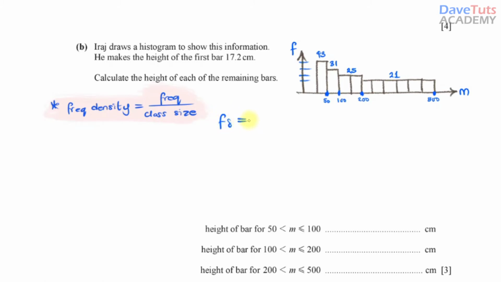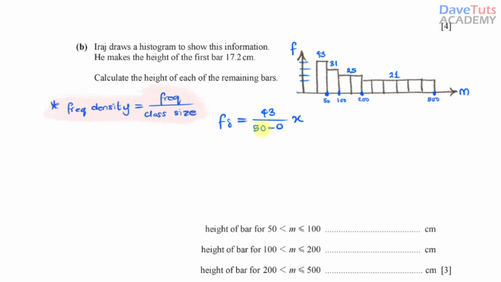So the frequency density is going to be, for this case, 43 as the frequency. Then the class size is from 0 to 50, so this is 50 minus 0. Then we are multiplying it by a factor that is helping us to get that bar as 17.2 centimeters. That factor is a scaling on the graph sheet that Iraj used to draw that.